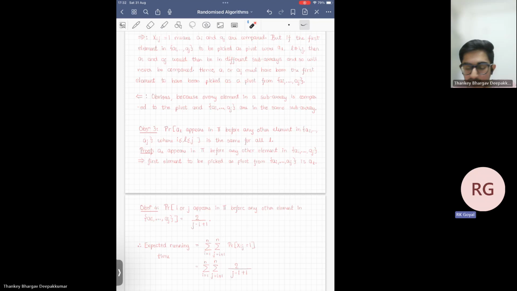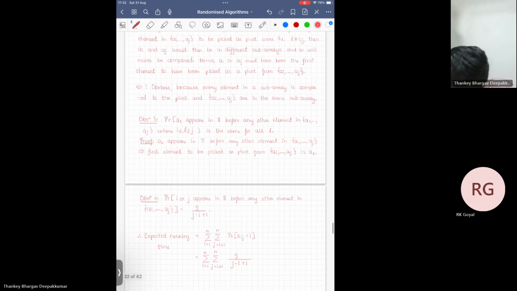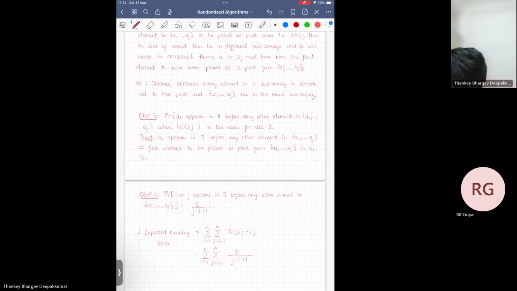So AL appears first if and only if AL is picked as a pivot from this set. We are picking pivots uniformly at random, so the probability of any element being picked as pivot from AI to AJ is exactly the same.